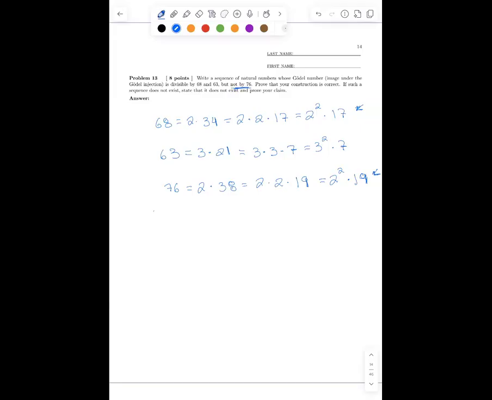So when I write my sequence here, I see that my maximum number of 2's is going to be 2. So I deduct 1 by the power, and I will get 1. Then for my 3, I see that I need 2 at least.